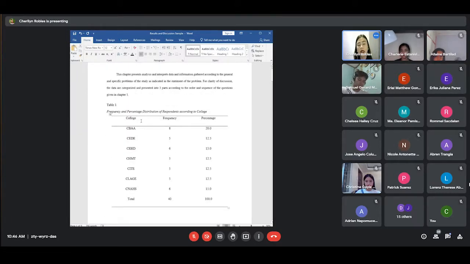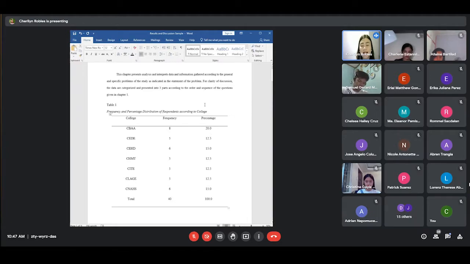Okay, first, I have shown this last time. The first table that you will show in your chapter 4 would be your frequency and percentage distribution of respondents according to college. So if you're conducting survey research design, correlational, experimental, or comparative, the first table that you'll show is the frequency and percentage distribution of respondents according to relevant category, for example, age, gender, and so on.